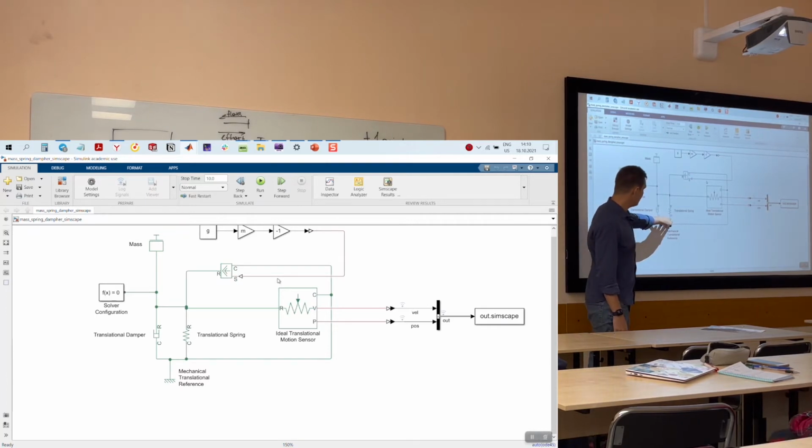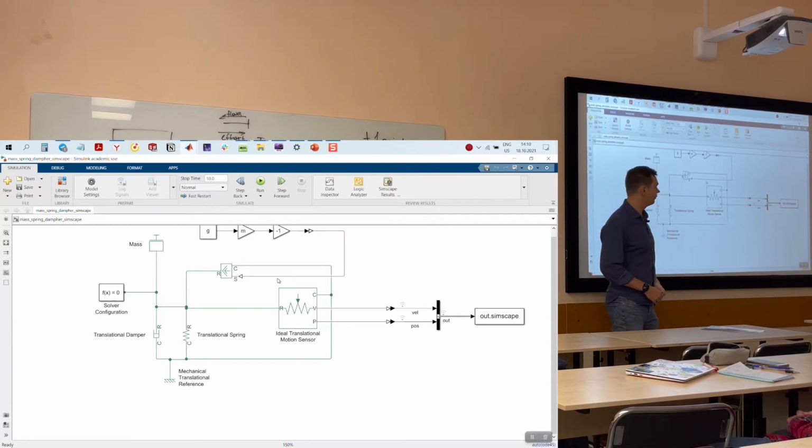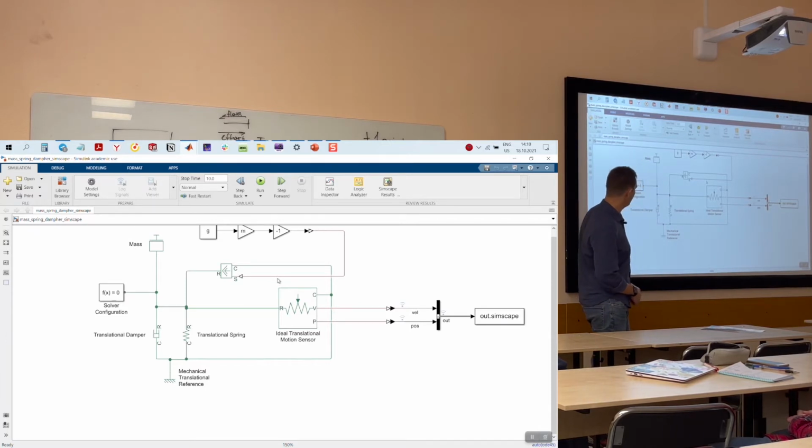You have a spring, you have your damper, you have your mass, and those just sensors to measure position, velocities, and so on. So it's like an E element, it's like an R element, it's like a C element. And you can consider mechanical reference as like an I element, one element.